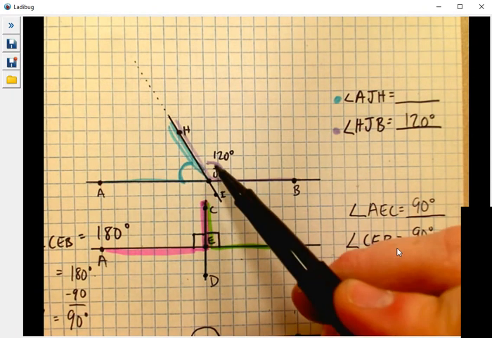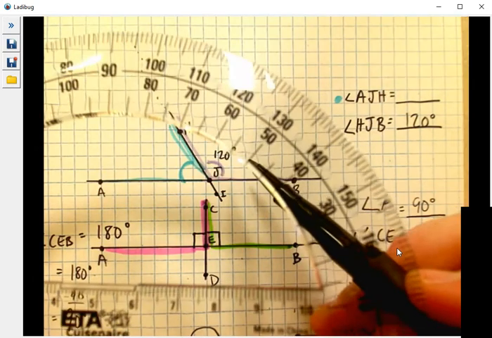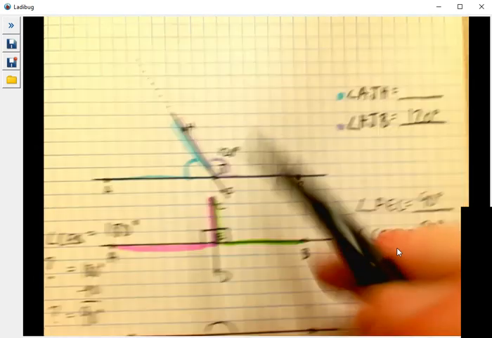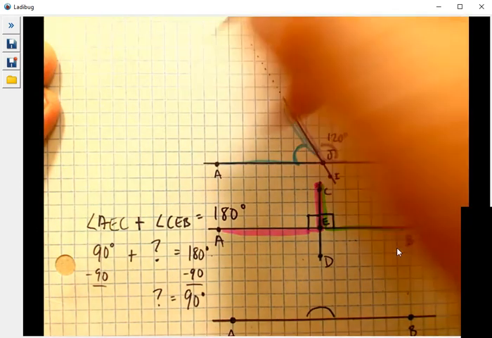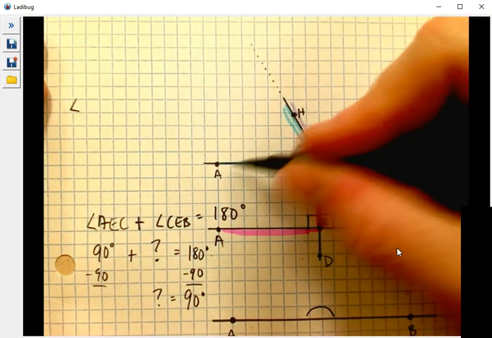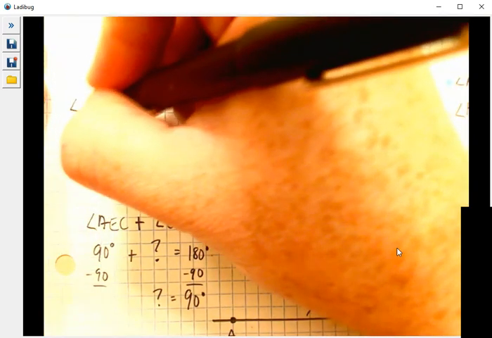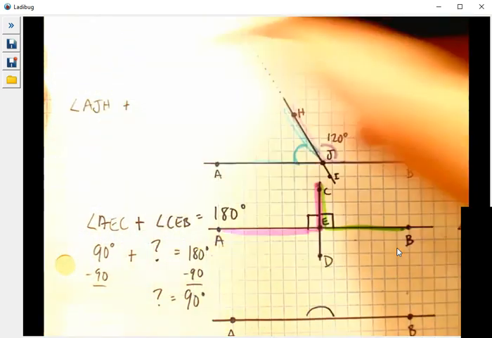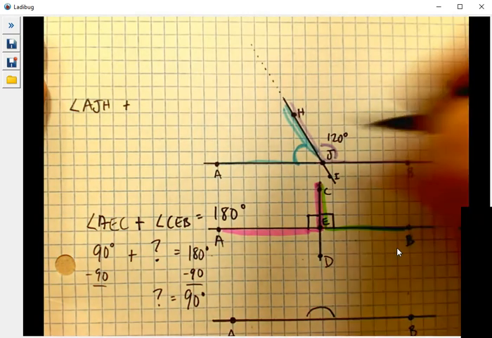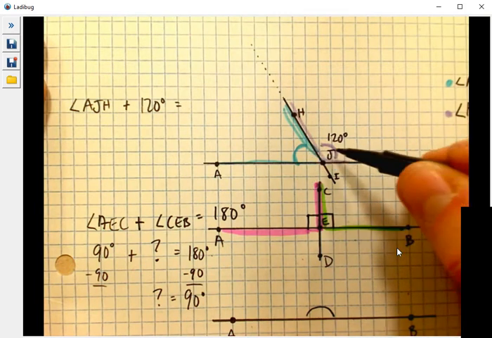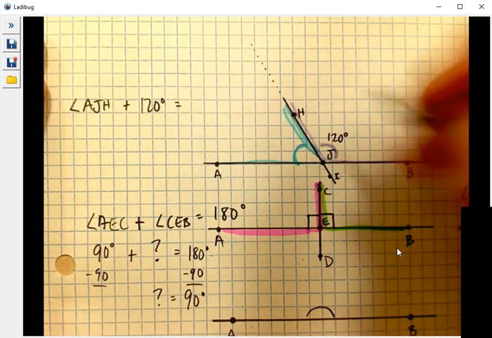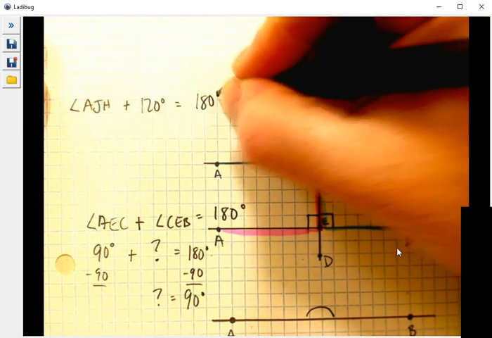Remember, there's two ways that we could find this blue angle, AJH. We can use our protractor and measure it, or we can use our knowledge of straight lines. We're trying to figure out our blue angle, AJH. We know HJB is 120 degrees, and when we add these two angles together, it should equal 180 degrees.